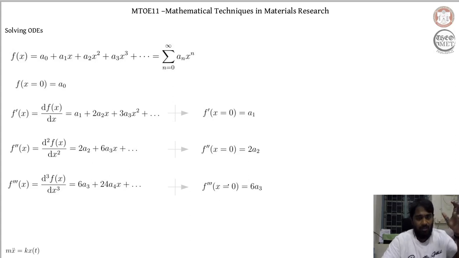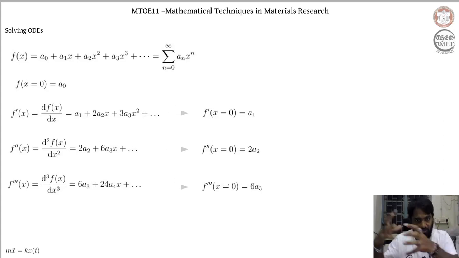So I have an equation. The solution for the equation is a function. I assume that the function is a smooth function. This allows me to write the solution in the form of a power series, and when I'm able to find my coefficients, I end up with a solution. To find my coefficients, I first substitute x equal to 0, that gives me A0, the first coefficient, and I take the first derivative of my power series, substitute 0, that gives me the second term.